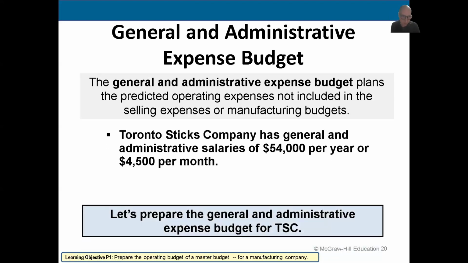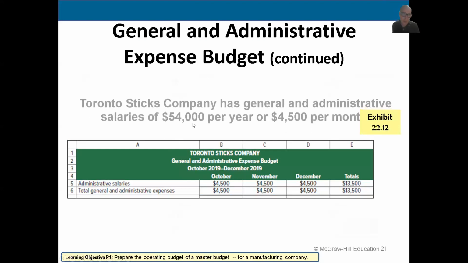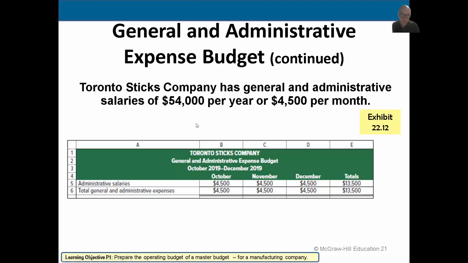Oftentimes we average this out by looking at things like salaries and just dividing the total salaries by the number of months. Very, very straightforward.